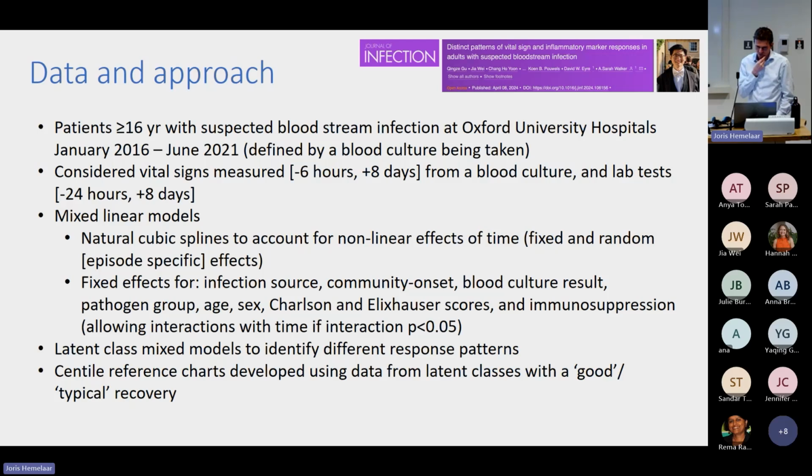So what we did in this study was to think about, okay, if we follow patients coming into hospital with suspected bloodstream infection, can we say something about how their vital signs and their lab tests change over the time they're in hospital? The first thing we do is to fit a mixed linear model. We want to know what the overall pattern looks like, and what the impact of different covariates like age and sex and the pathogen infecting you is.